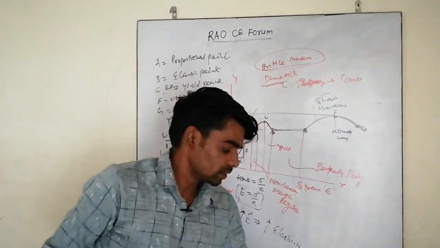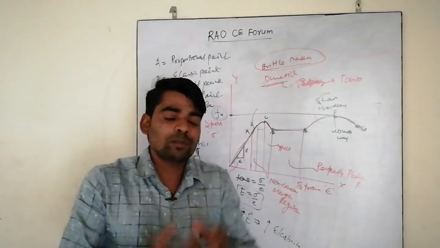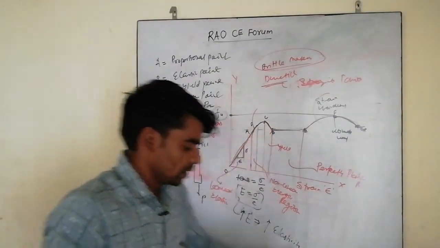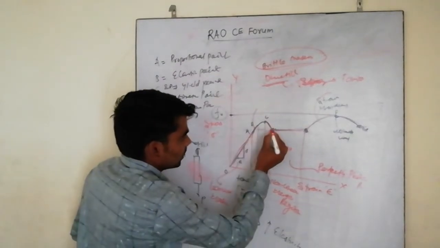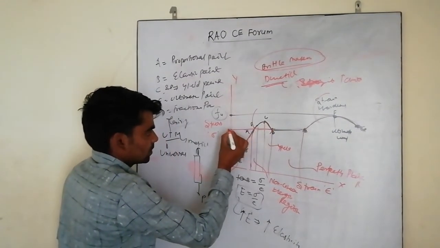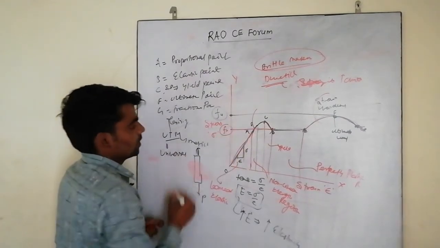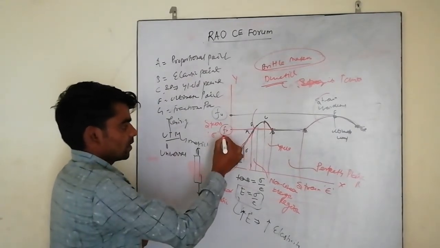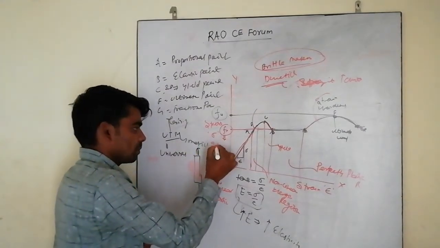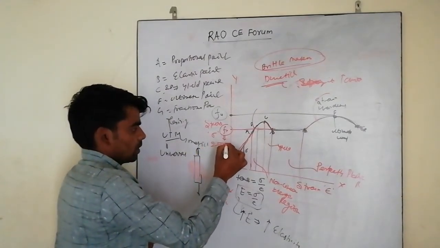So friends, from a design point of view, we will consider the lower yield point. The stress corresponding to this point is known as yield stress, Fy. Fy is the yield stress, and the value of Fy for mild steel is 250 MPa.